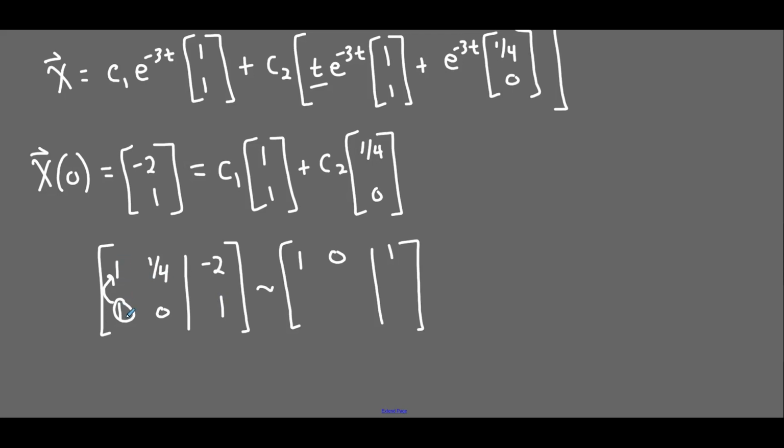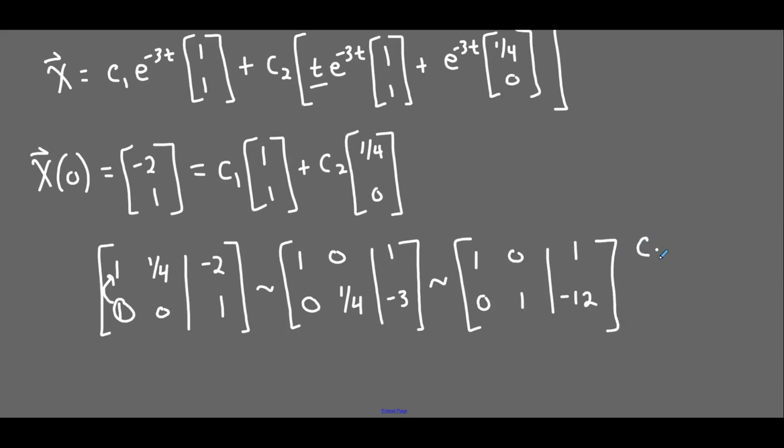So 1 minus 1 is 0. 1/4 minus 0 would be 1/4. The negative 2 minus 1 would be negative 3. And then I'm going to multiply the second row by 4. So negative 3 times 4 would be negative 12. So I get C1 is 1 and C2 is negative 12. Right?